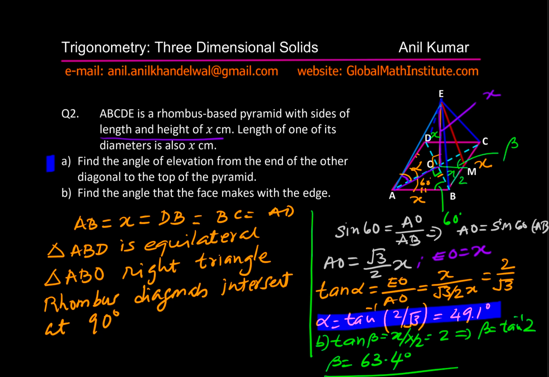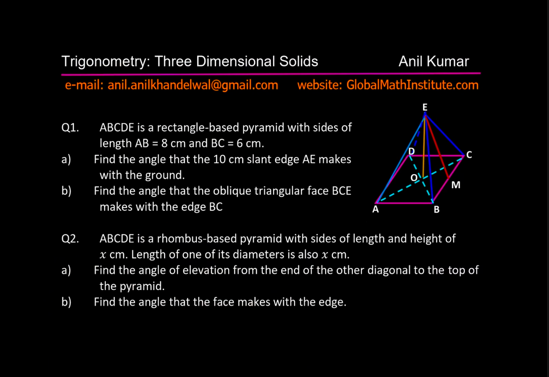So whenever you have pyramid based 3D questions, that should be your approach. Two terms which you learned here: first, the angle made by the face. Whenever we say face, we mean this particular side. Do you see this whole face makes an angle with the edge?